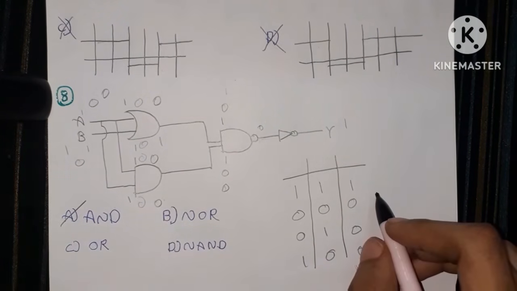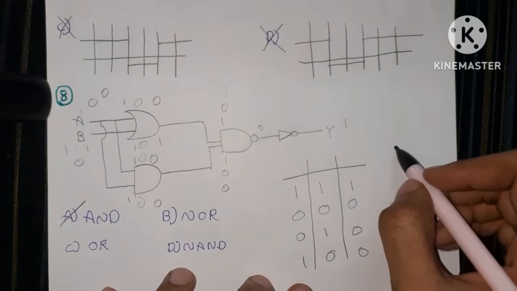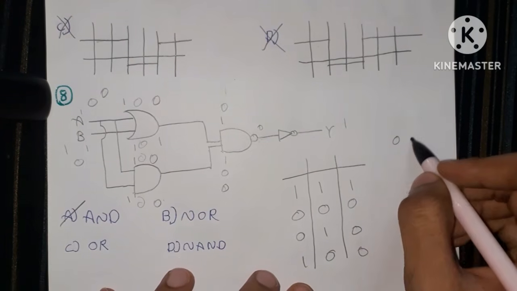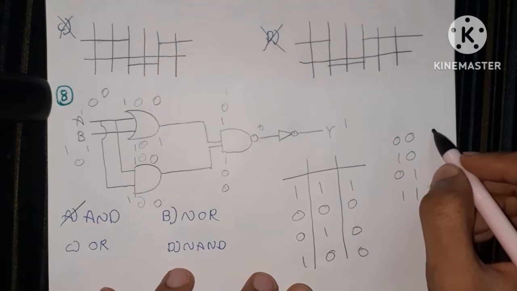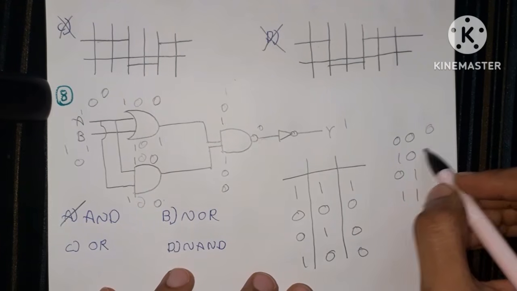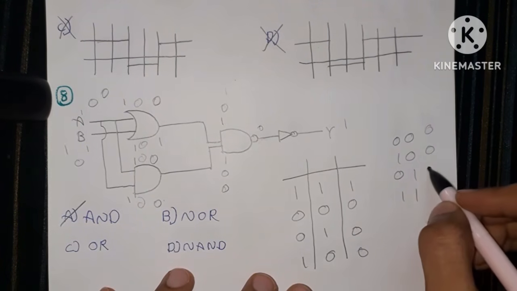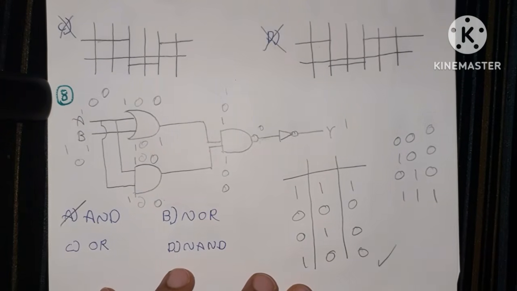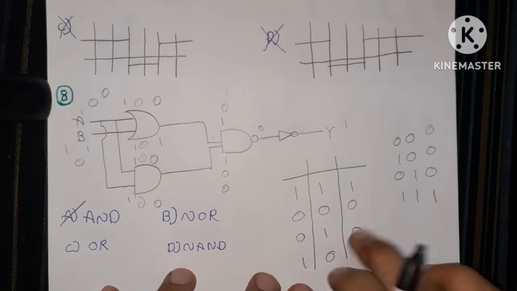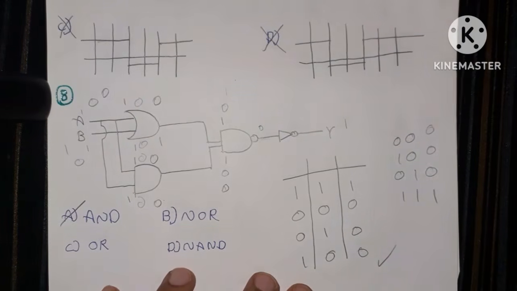Remember, once recall, if we are having 0 0, 1 0, 0 1 and 1 1, for 0 0 it will be 0, for 1 0 it will be 0, for 0 1 it will be 0, and for 1 1 it will be 1. Exactly what we have done. This logic gate is representing that only.